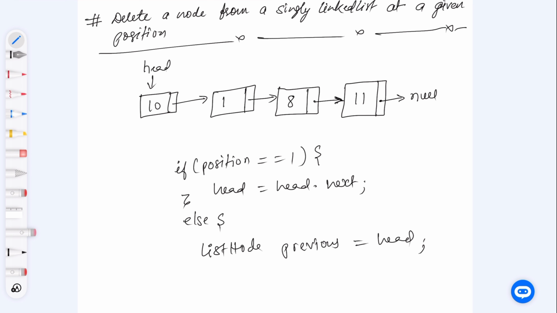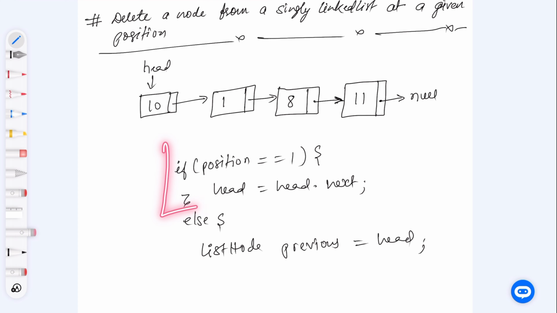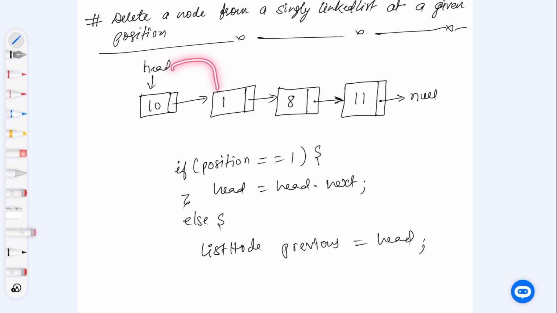If position is not equal to 1, if position is equal to 1, we delete directly, means we'll just update head, and this node is our node after the deleted one. But if the position is something else, this or this or this, anything else, it means we have to maintain the previous also.